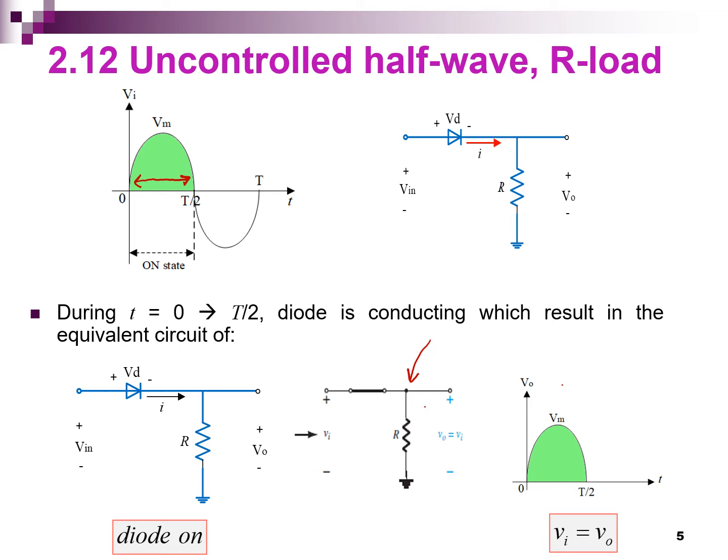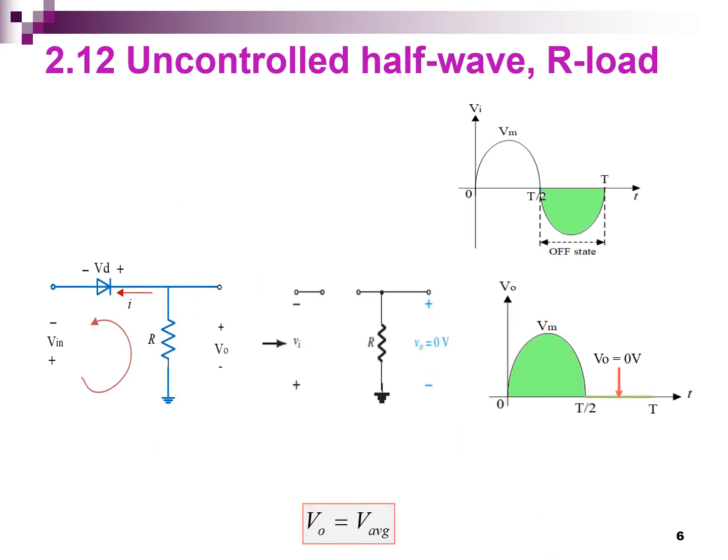When the diode is conducting, current can flow. So we get the output voltage where V in equals V out.